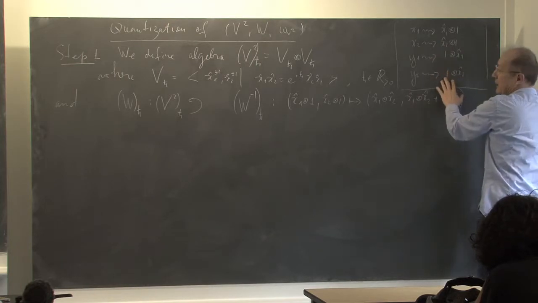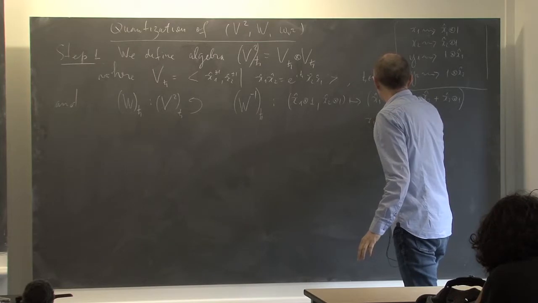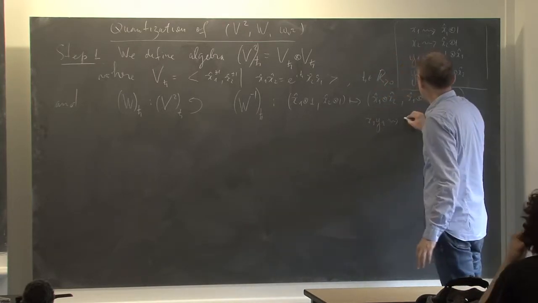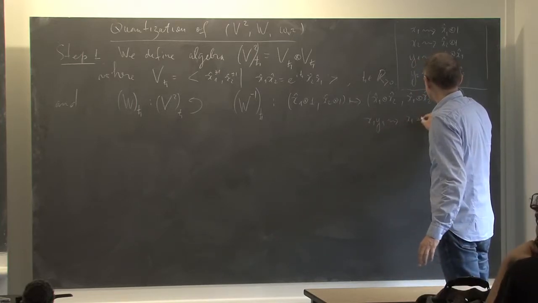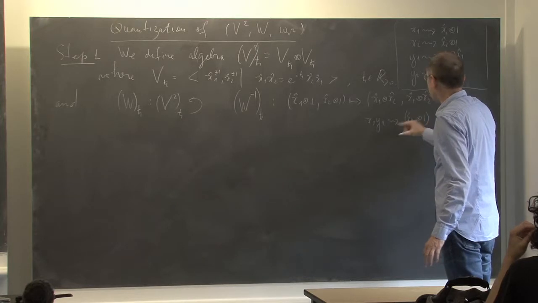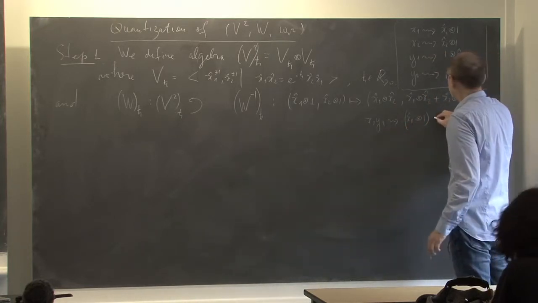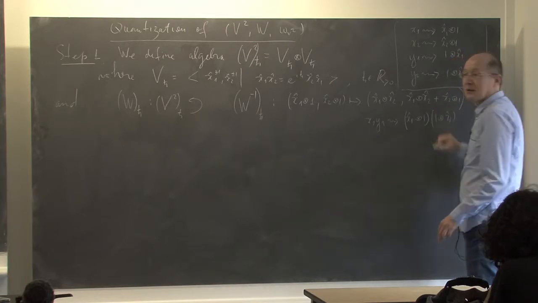And then if you accept this, you just rewrite where x1, y1 goes. It should go to x1 hat tensor 1, right? And the image of y1, which is 1 tensor x1.